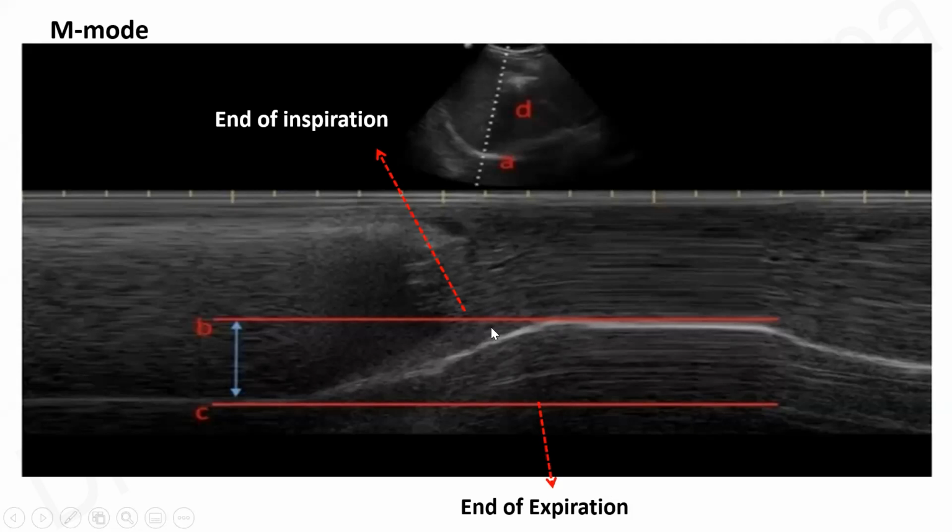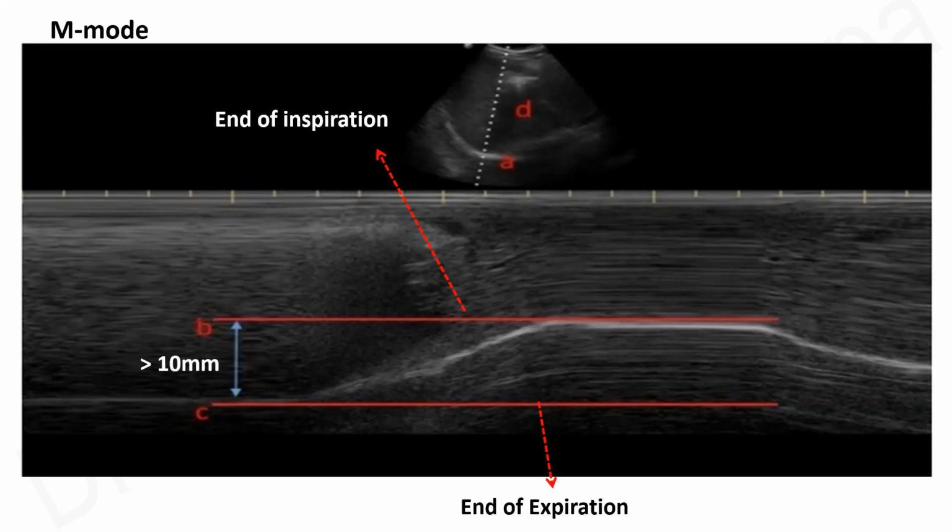We measure the distance between the end of inspiration and the end of expiration excursion. For weaning, it should be more than 10 millimeters. Ideally, 11 to 13 millimeters is the normal excursion, and anything more than that is always good. If the excursion is less than 10 millimeters, it indicates possible diaphragmatic dysfunction and we may have difficulty in weaning. So this is the diaphragmatic excursion, the first aspect.